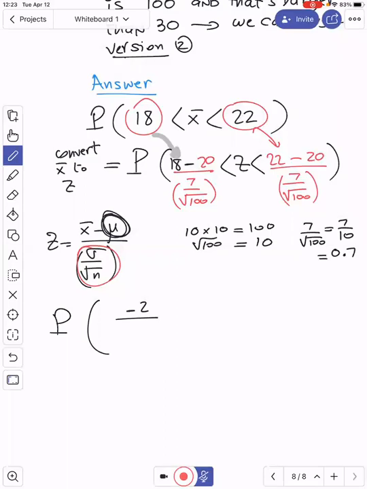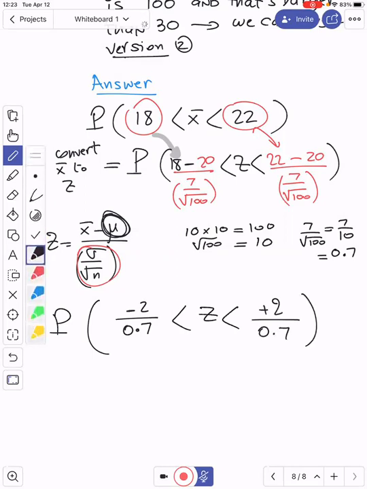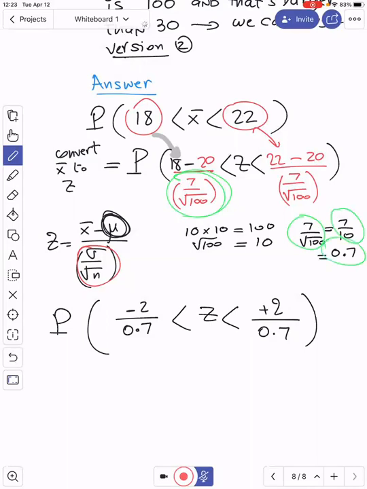So in the top, you have -2, and in the bottom, you have 0.7. Then Z, and then +2 over the same thing, 0.7. Again, guys, 7 over square root of 100 is 7 over 10, that's 0.7. That's how I got the denominator, this 0.7.